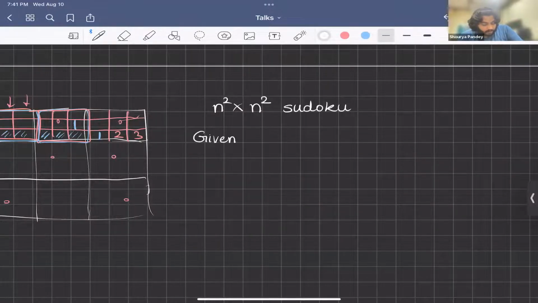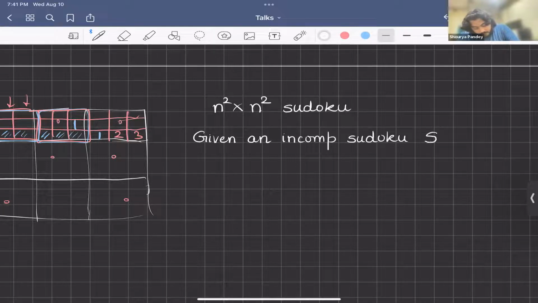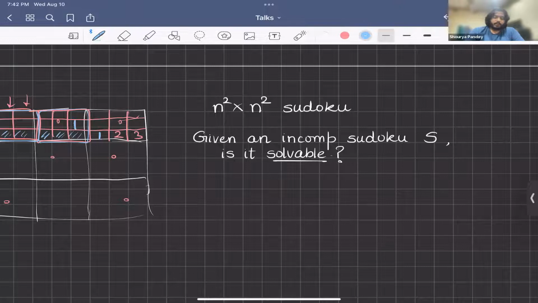Given an incomplete Sudoku instance S, is it solvable? Or you can even ask uniquely solvable. Let's just say solvable. And now if I ask you for an algorithm, it's suddenly not clear, right? How do you even come up with an algorithm for this?